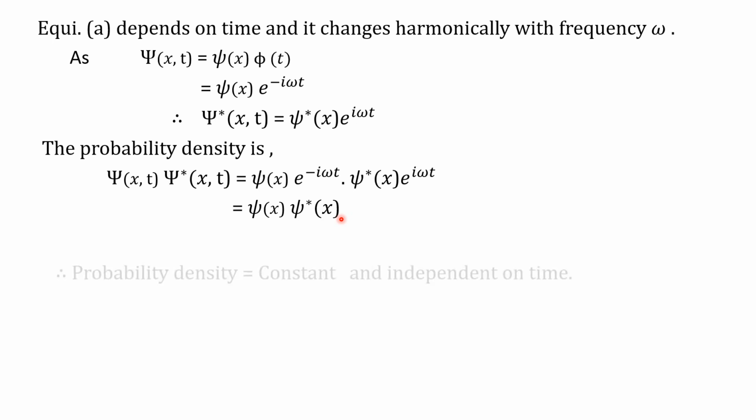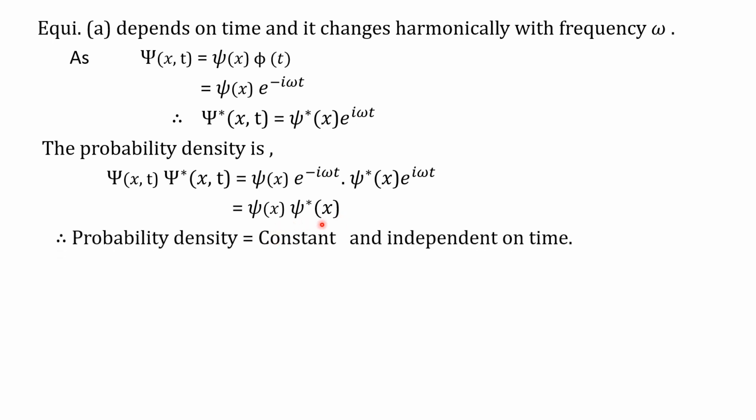This is constant and independent of time t, and therefore we prove that the probability density of finding the particle in a given region of space is always independent of time and constant, and that is the proof for the Schrodinger time independent wave equation.